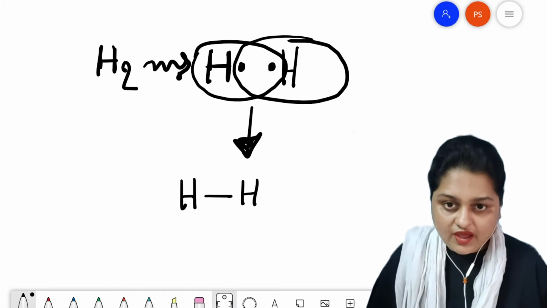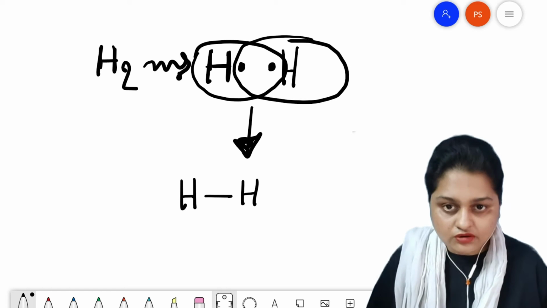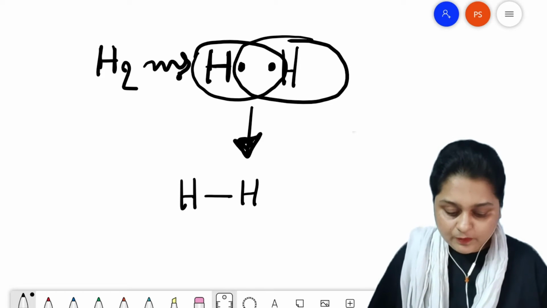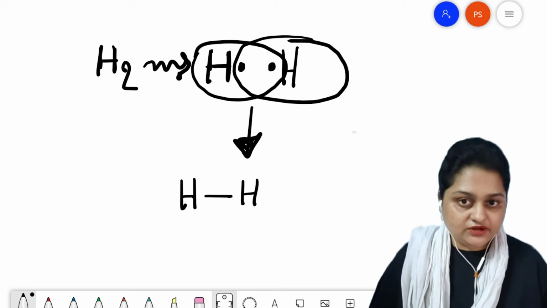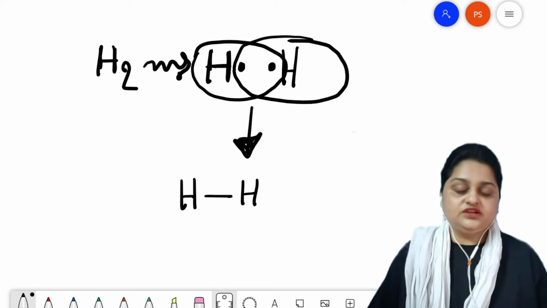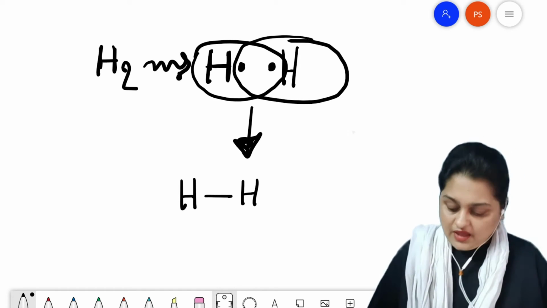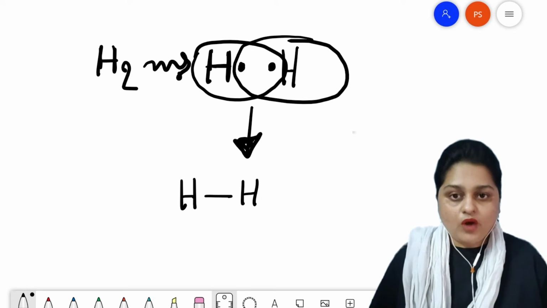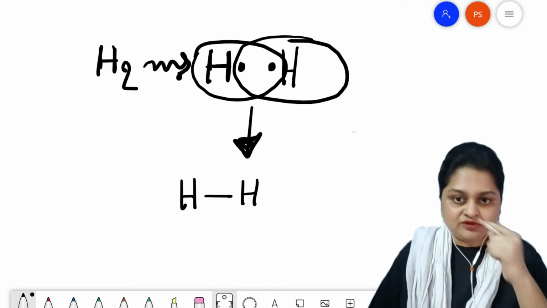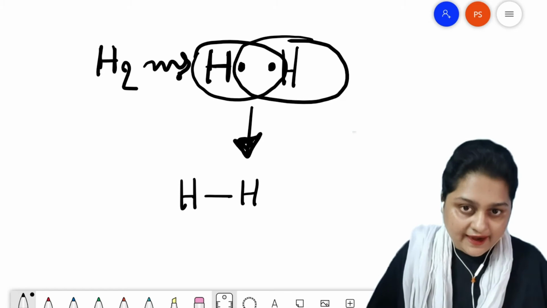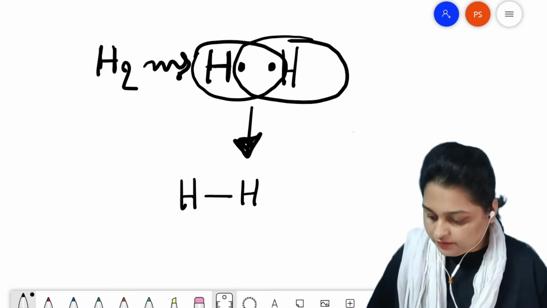This is how hydrogen forms a single bond via covalent sharing, and this is an example of single bond formation. Therefore, single bonds are formed when atoms share one electron with another electron coming from another atom.